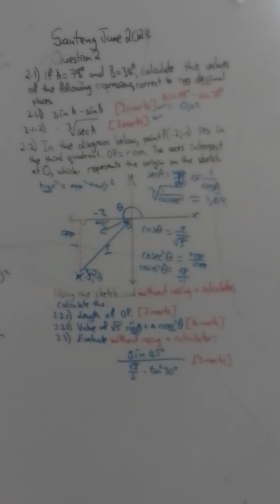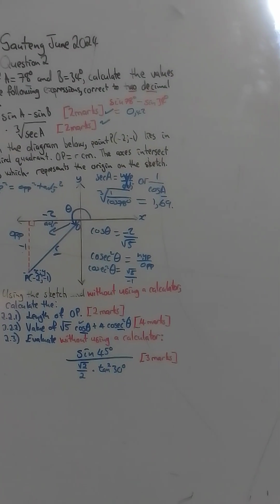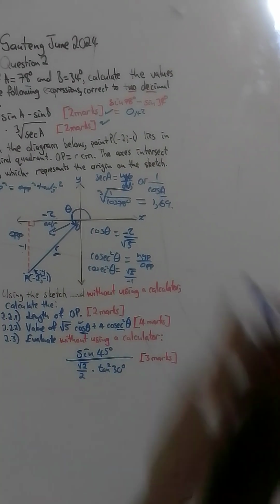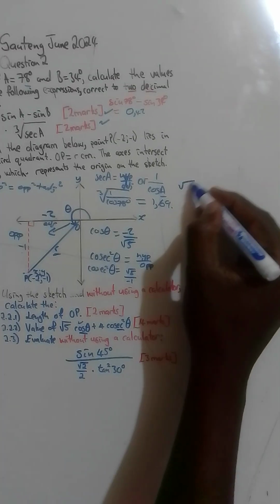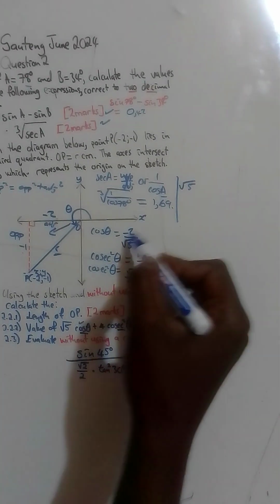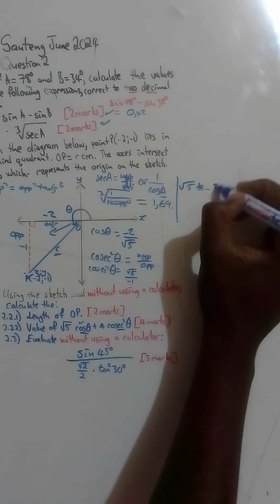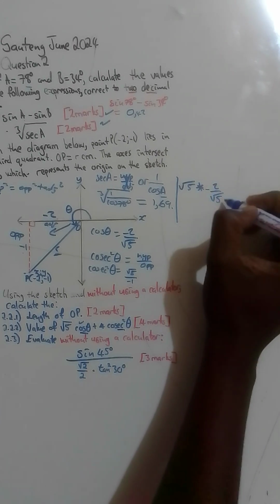Now on this side, I'm going to write square root of 5, and cos theta, which is negative, so multiplied by -2 over square root of 5.